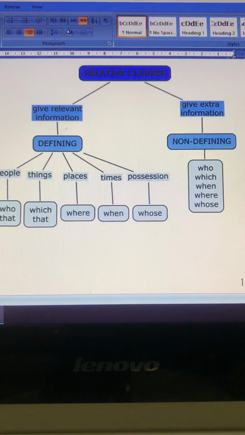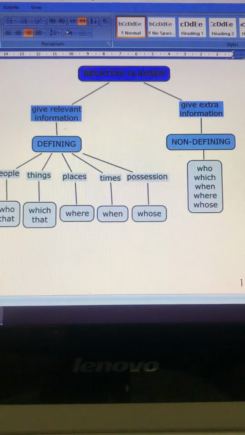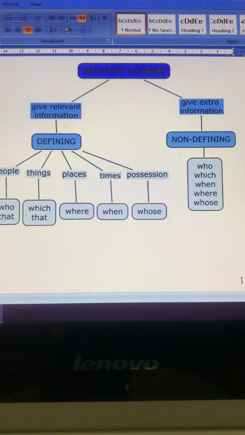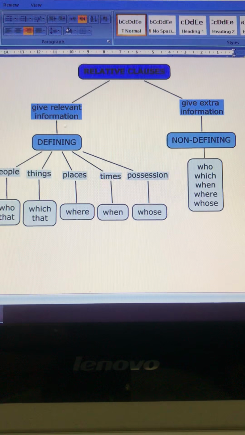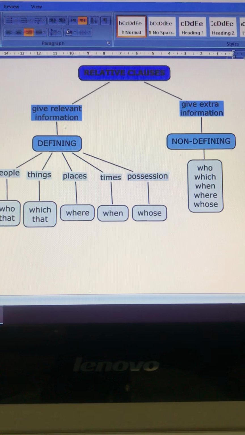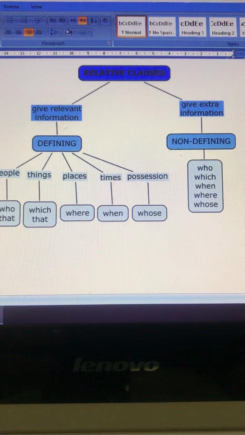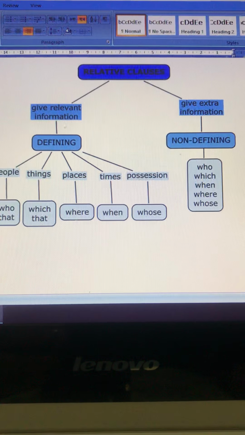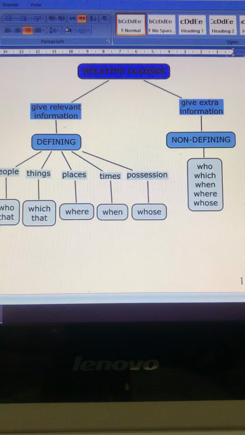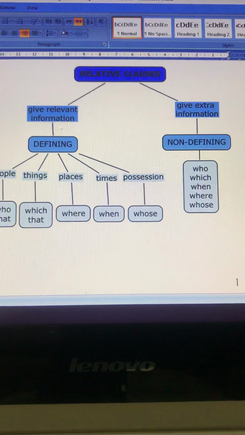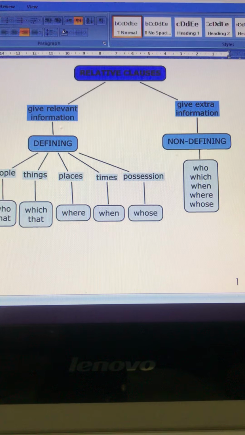Again, we have who for people, which for things, where for places, when for times, and whose for possession. On the other hand, we have who, which, when, where, and whose for non-defining. So there is no difference between the usage of these relative clauses.